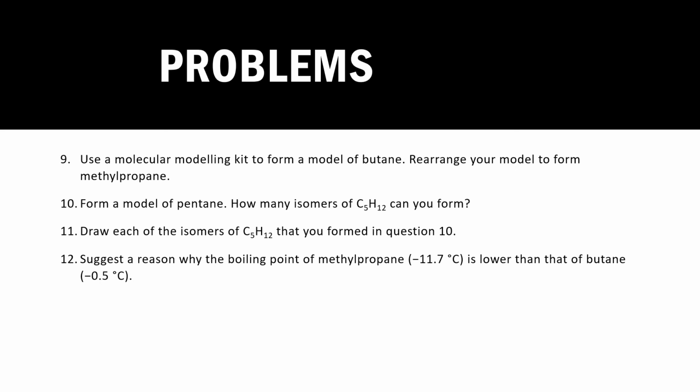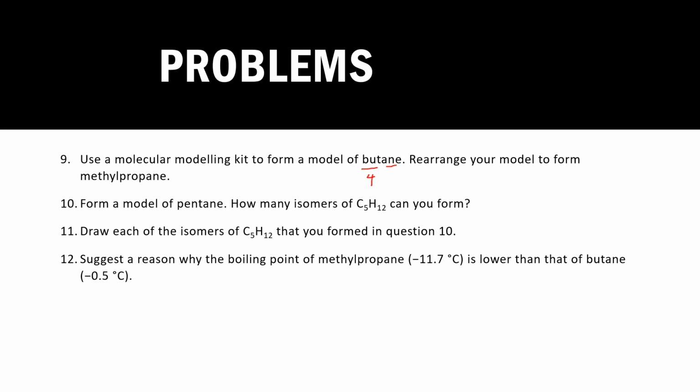Use a molecular model kit to form a model of butane. Rearrange your model to form methyl propane. Okay, we have to write down butane. Meth, eth, prop, but means 4.